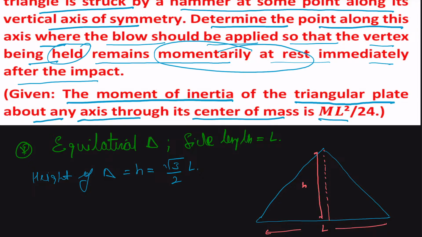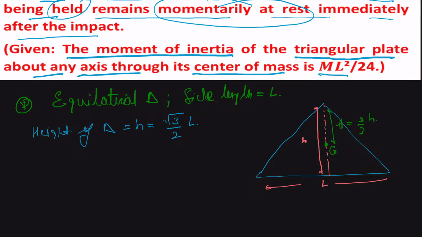Its center of mass, let us suppose somewhere here, is called G, and that will be at 2/3 of h from the vertex. So from this end, let us call this distance d, and it will be 2/3 of our total height h, and we can substitute h and calculate it in terms of length also.